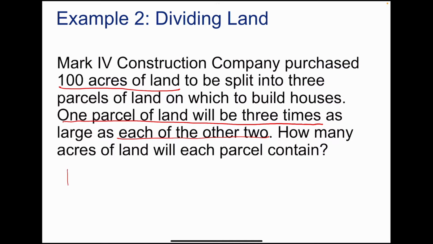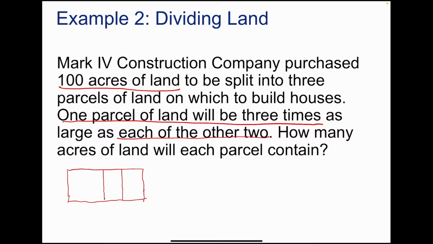So if you draw a picture, it should be straightforward, right? So one parcel is 3 times as large as each of the other 2. So let's see, parcel 1, parcel 2, and parcel 3, and this parcel 3 is 3 times as large as the other one, right?